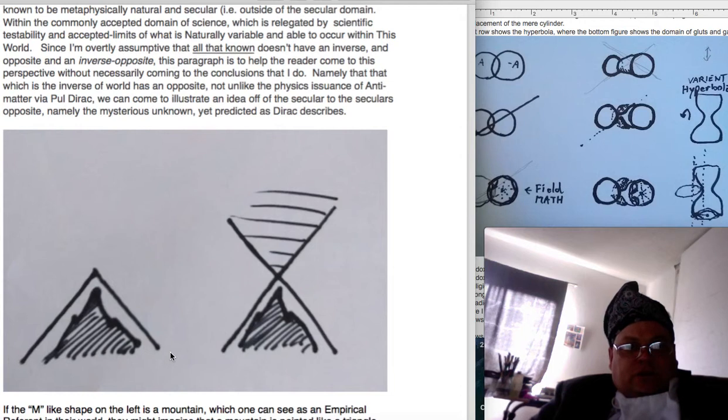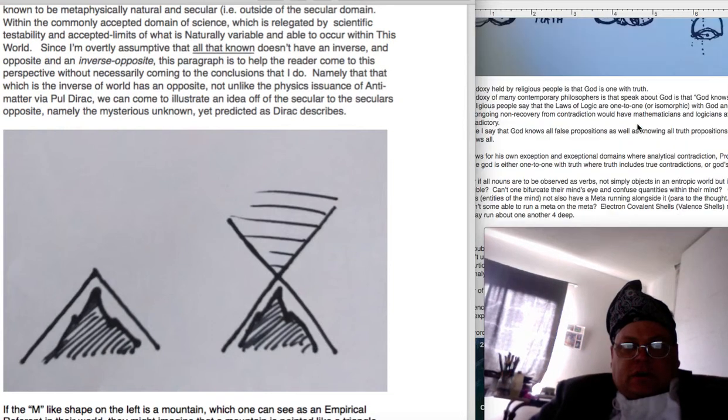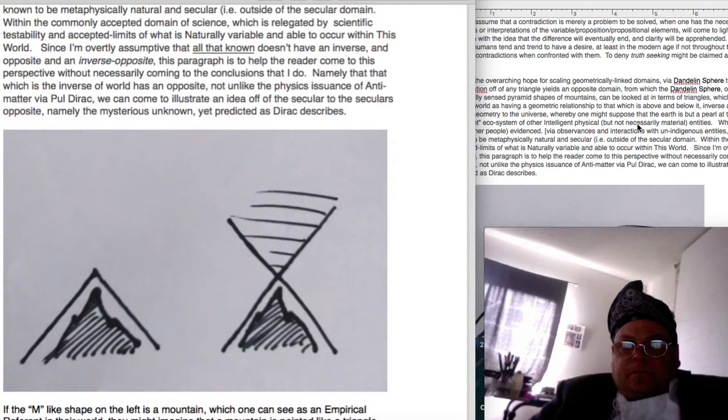Namely, that which is the inverse of the world has an opposite, not unlike the physics issuance of antimatter via Paul Dirac. We can come to illustrate an idea off of the secular to the secular's opposite, namely the mysterious unknown, yet predicated as Dirac describes.